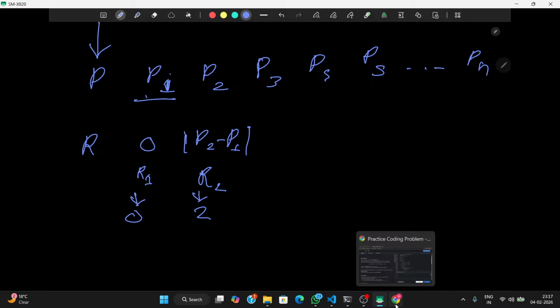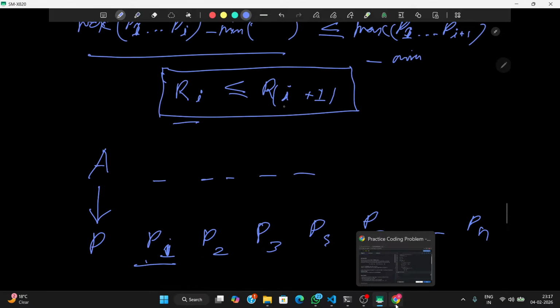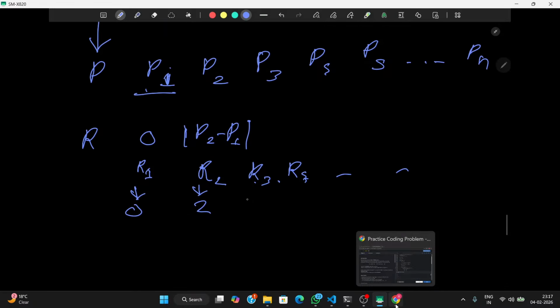If R2 becomes two, then all the elements after R2 will be greater than or equal to 2, because R of I plus 1 will always be greater than or equal to Ri. Right? So if R2 is 2, then R3 will be greater than or equal to 2. Let's say it's 2 only. R4 will, let's say, become 3. So if we get a difference of greater than 1 here, then in this case, the max of this particular array will be greater than 1, right?